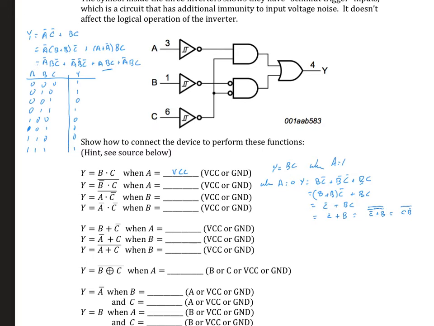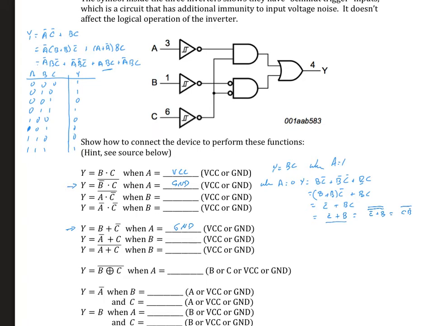And that is the expression here. So when A is equal to ground, then we get that expression. And notice also back here when we had C bar plus B, that's this expression here. So when A is equal to ground, we get B plus C bar.